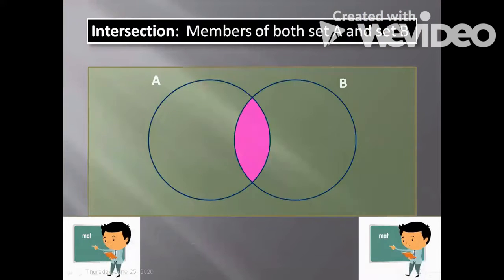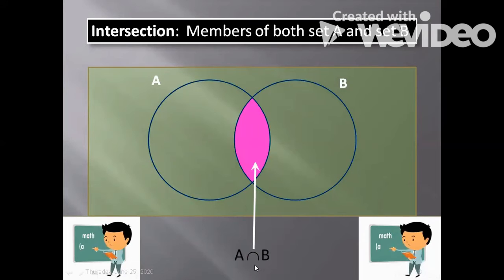Alright, let's look at some key definitions. We have the intersection of two sets. The intersection of two sets is simple: it just means what is common between A and B. This is the symbol that we use.